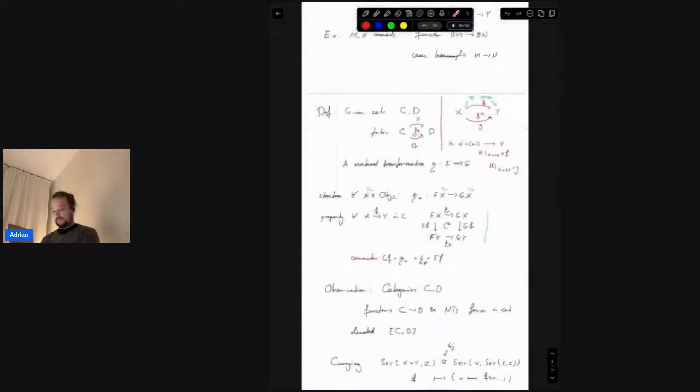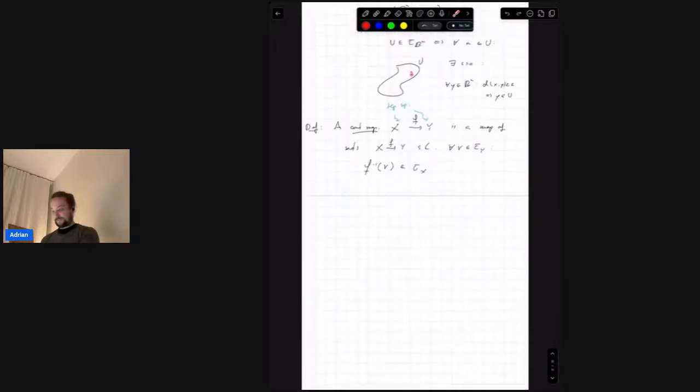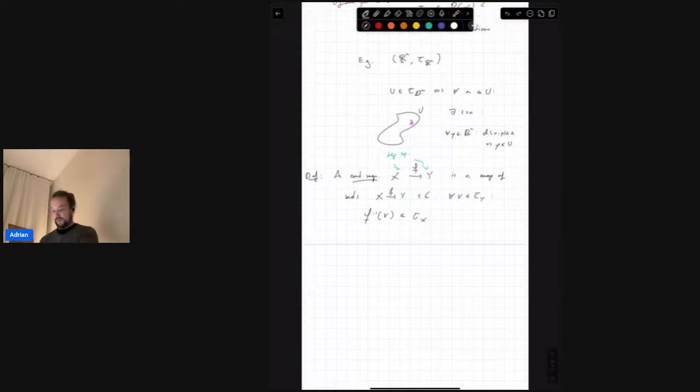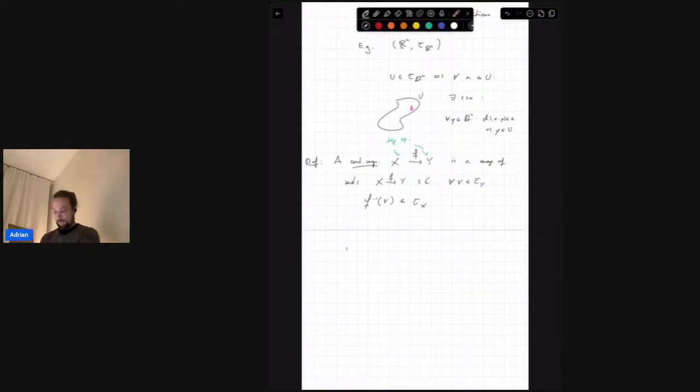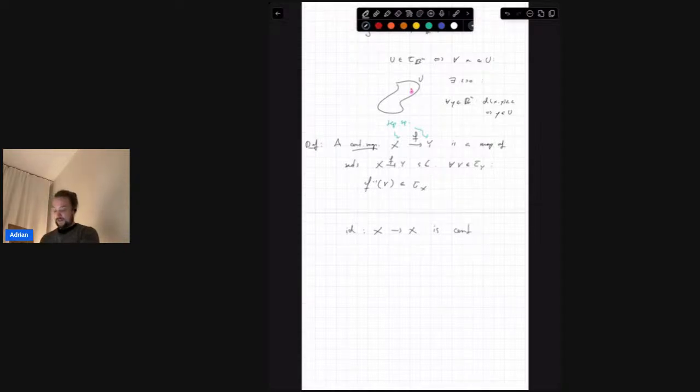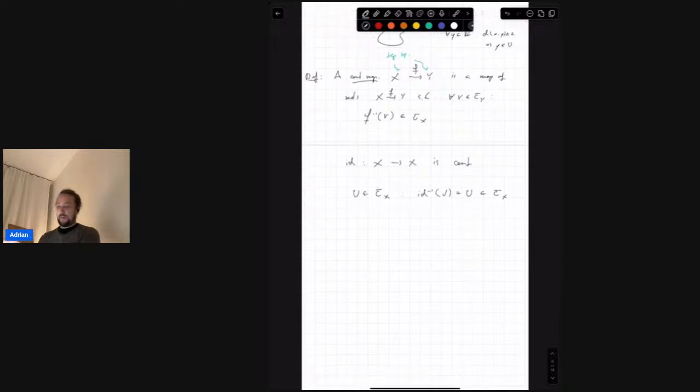So let's check the identity map first. The identity map from X to X is continuous, right? Because let's say that U is in tau X, then the inverse image of U is just U, which is again in tau X. So that gave us the identity part of the definition.